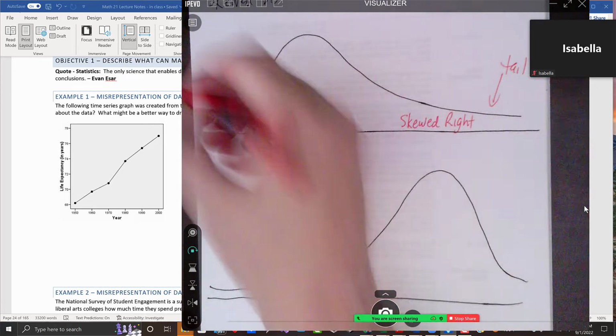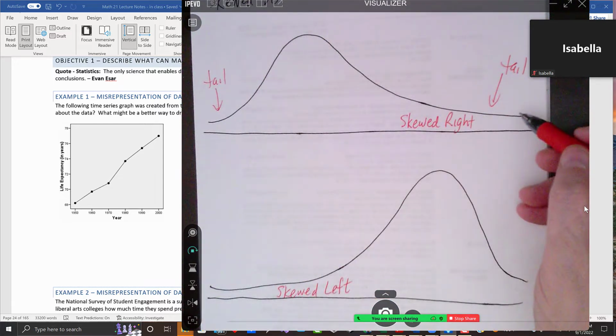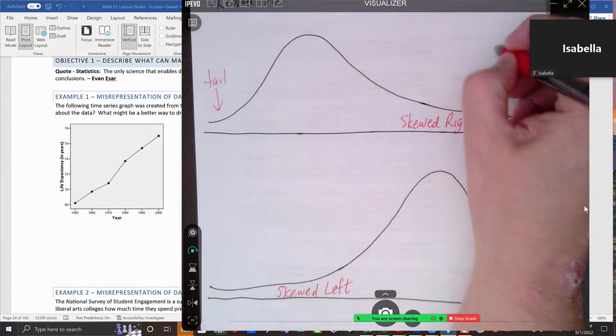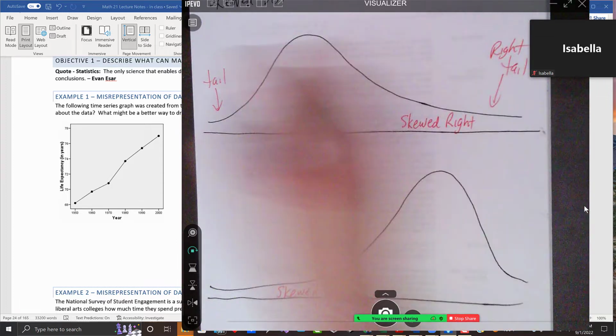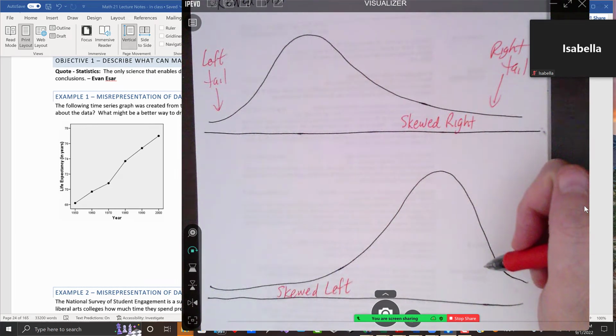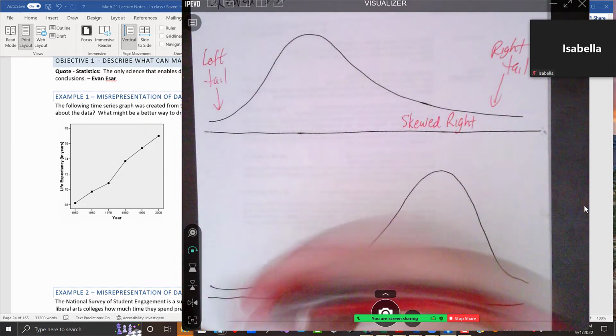Tail, tail. And when one tail is longer than the other, that's how they describe skewed. So the right tail here is longer than the left tail, so it's called skewed right. On this one, the left tail is longer, so it's called skewed left.